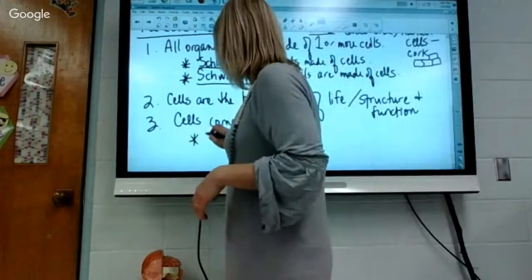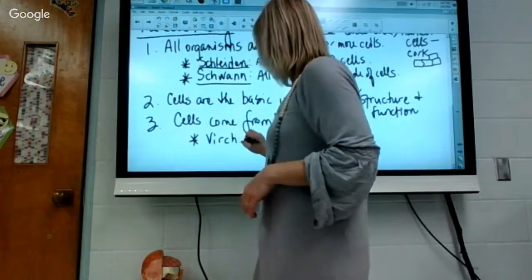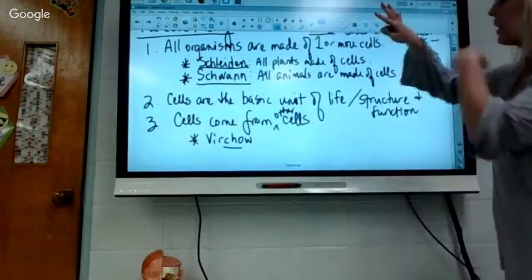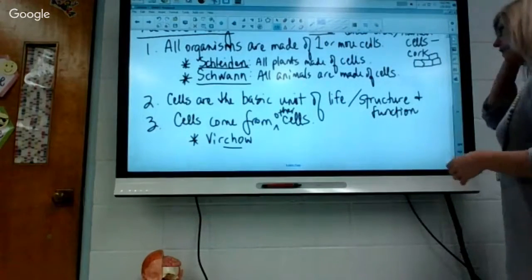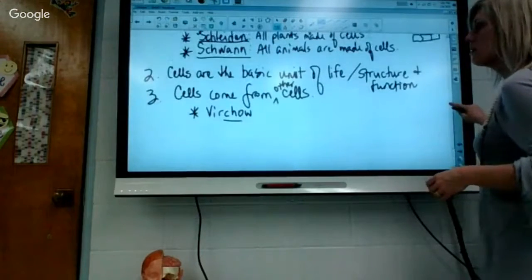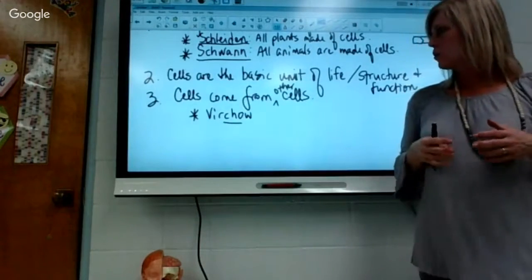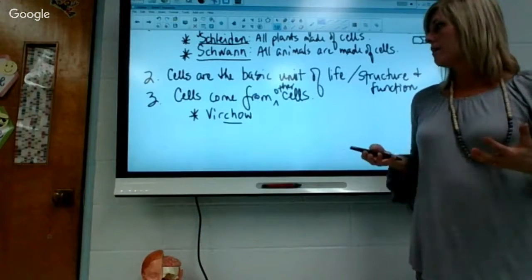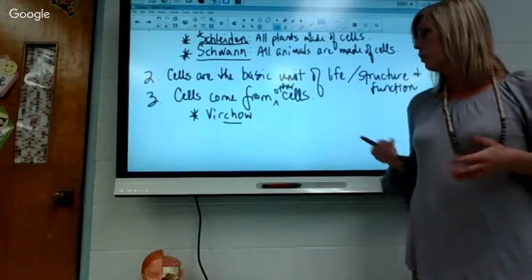So here's the cell theory, and this is what is accepted as far as what cells are made of, and it's supported.